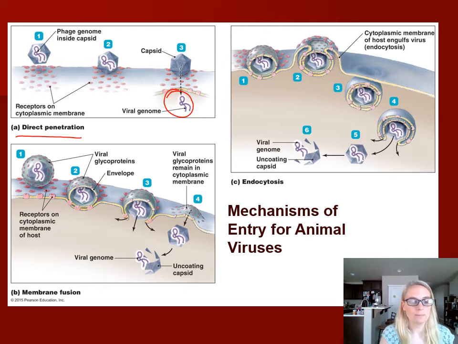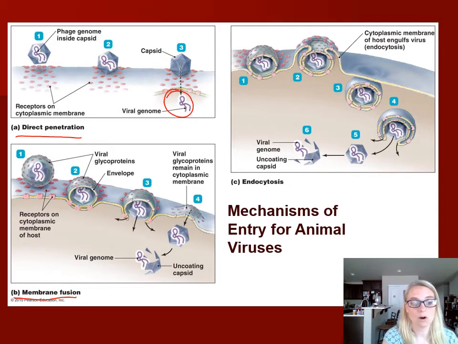In the next one, membrane fusion, what we see is, just as the name implies, the enveloped virus. So direct penetration would be for non-enveloped viruses, and membrane fusion would be for enveloped viruses, where again, the receptor on the host cell is going to recognize something on those envelope surfaces, these glycoproteins. In the coronavirus example, they're called spike proteins. They bind to the receptor. It triggers a fusion of the membranes.